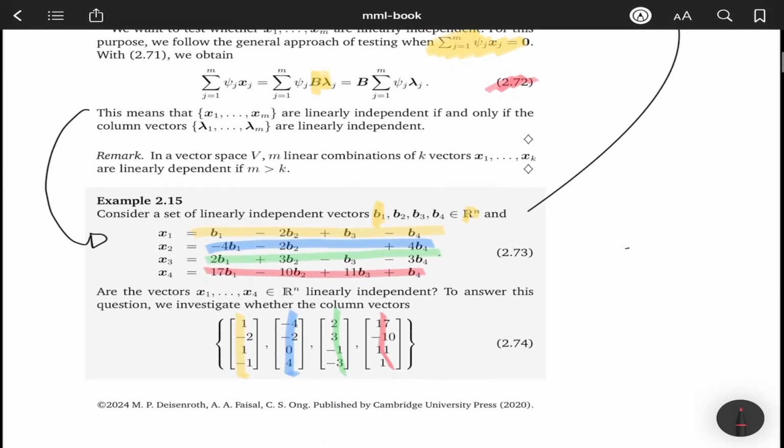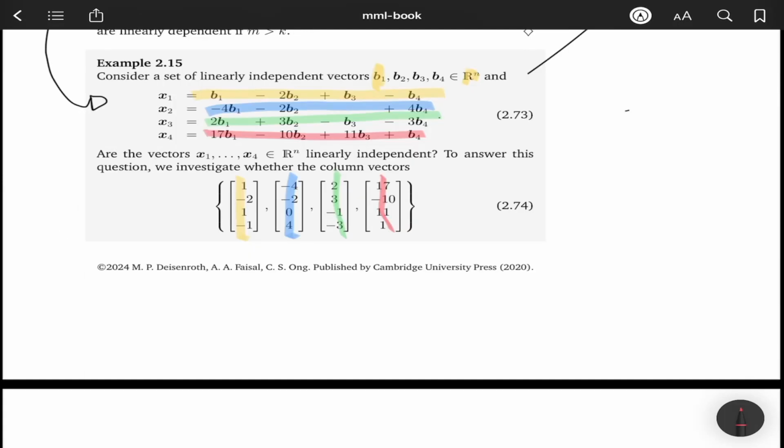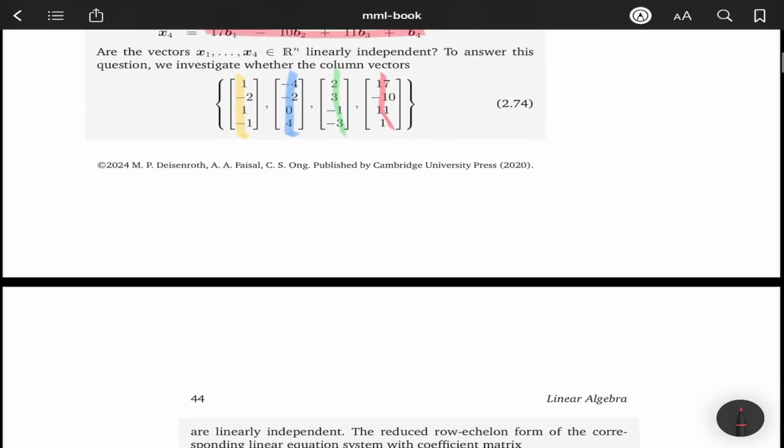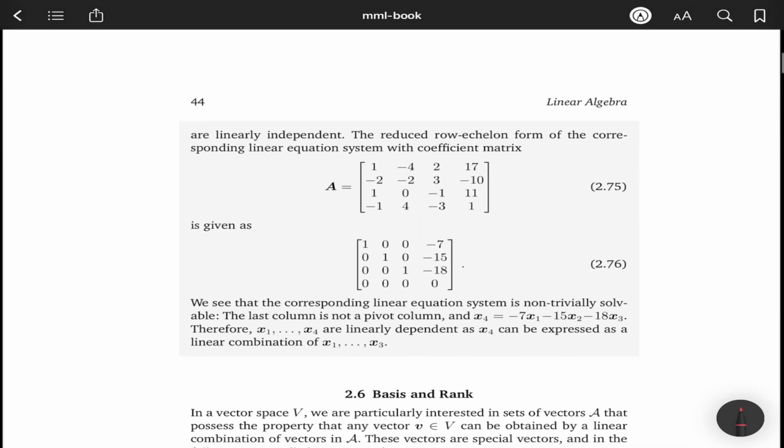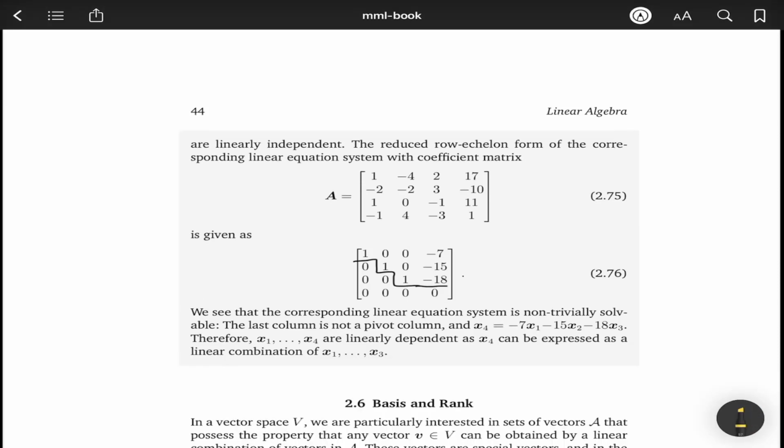So what they're doing is, basically they have to calculate the pivots. So they take that matrix and they bring it into row echelon form. And then they check if it's a staircase. In this case, it is. And then they say, oh no, it's not. It's not because that one is not a pivot. This column is missing a pivot.